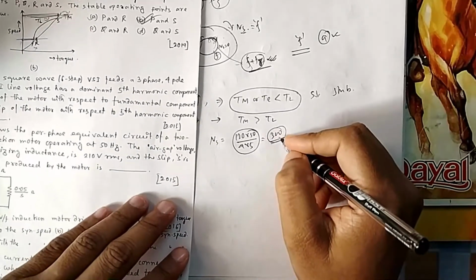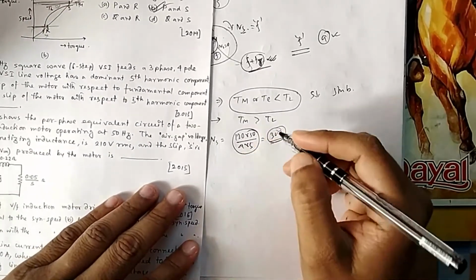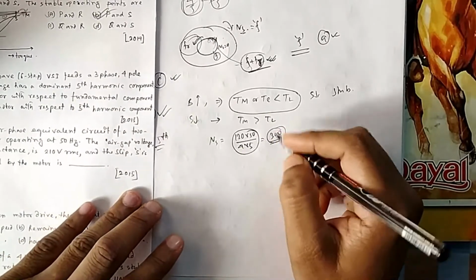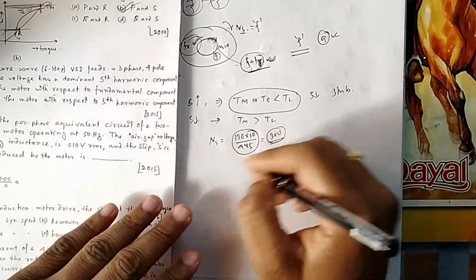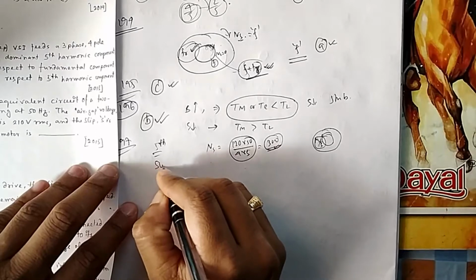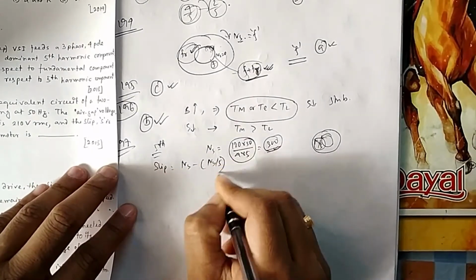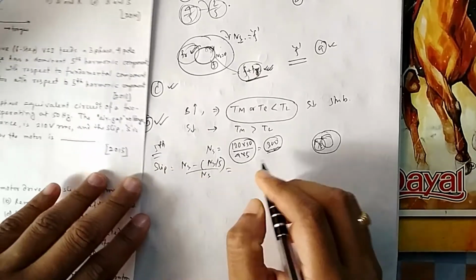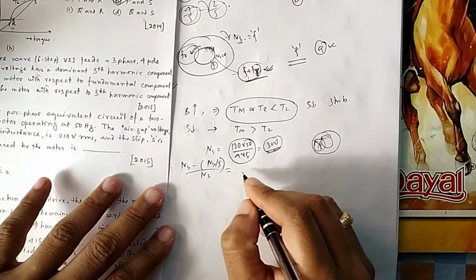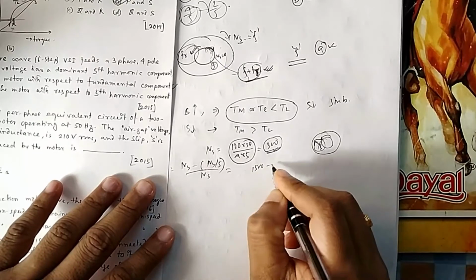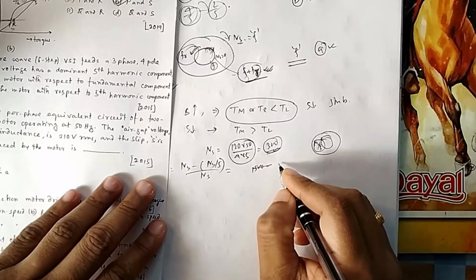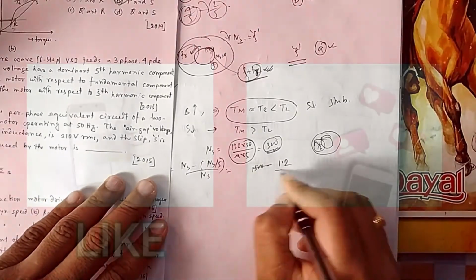Rotor will feel like this. And you have already seen, due to this negative sequence, the rotation that is developed is in reverse direction. So your slip will be equal to ns minus this ns by 5, divided by ns. So your speed will be equal to, now if you solve it, 1500 minus 1500, and if you solve it, you will find your answer is equal to 1.2.